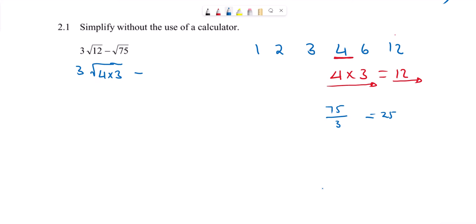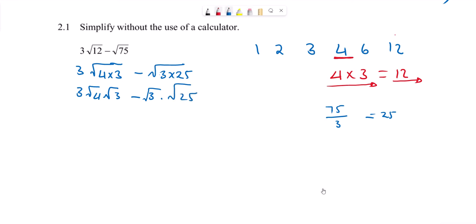So this is going to be 3 times 25. Then that will be 3 square root of 4 square root of 3 minus 3 square root of 3 times square root of 25.